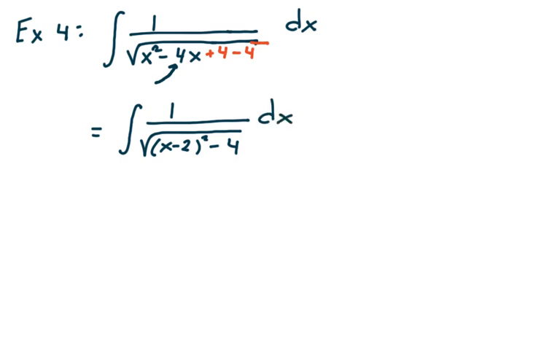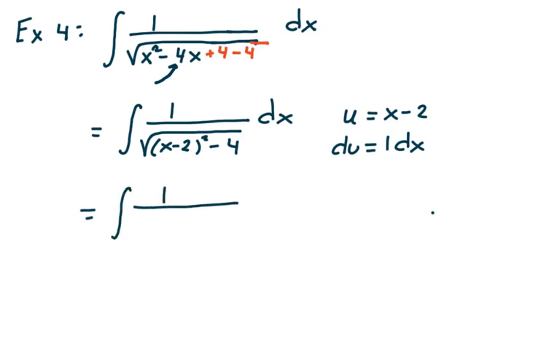Now, there's a couple of choices you can do, and it depends on what you're comfortable with. We can do a u substitution so it looks like what we're used to, right? In fact, I'm going to do that. I'm going to let u equal x minus 2. du is 1 dx. So this is the integral of 1 over the square root of u squared minus 4 du.